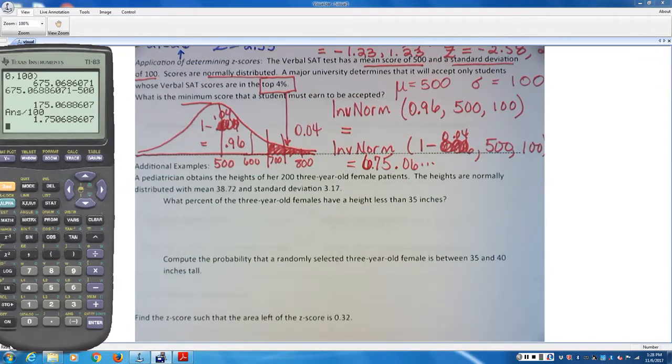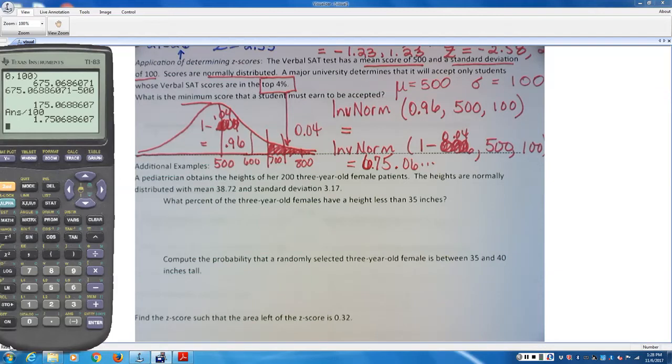If they only take the top 4%, and this is actually the dividing line, what do you have to make to be in the top 4%? 676. You actually can't be at a 675. They're not going to take you, because SAT scores and ACT scores are only given in whole numbers.